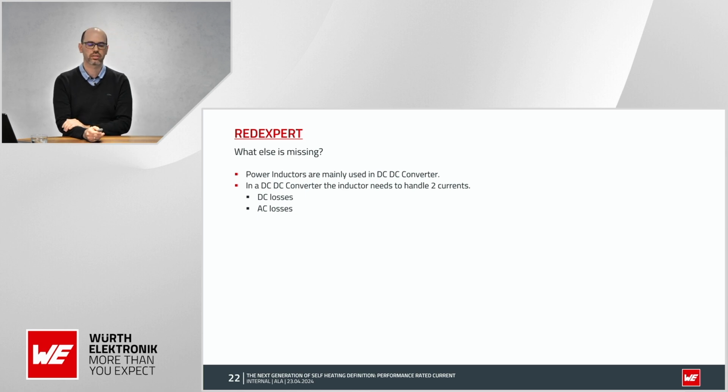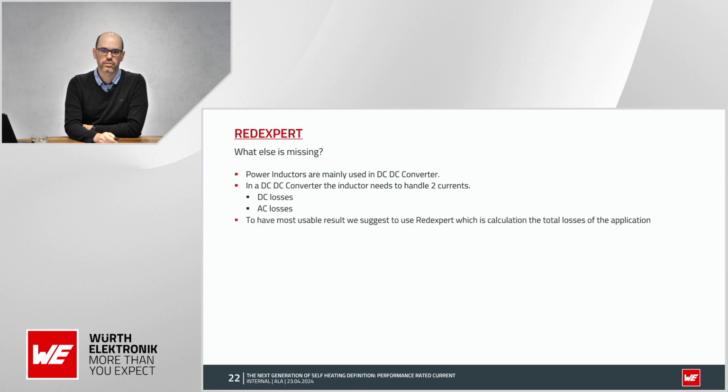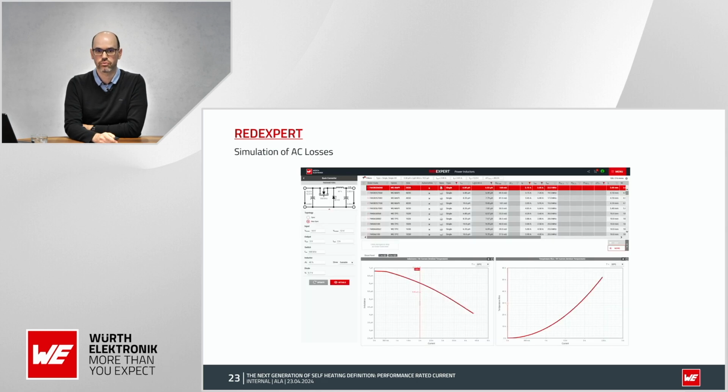And there I just want to highlight one tool we have had for some years, which is our DC-DC converter loss tool in the Red Expert. With that one, we have the full overview regarding all of the losses. This is our tool which simulates the AC losses.